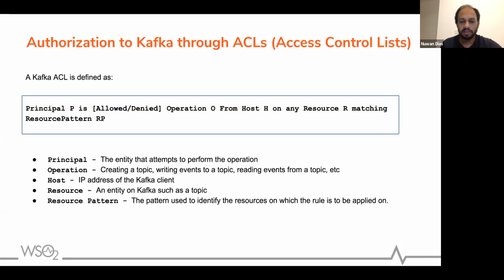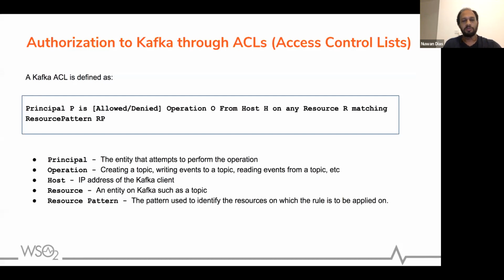And the resource pattern is basically what is used to identify the rule that is to be applied on the particular resource. This will be simplified when we look at the example that we are going to execute.